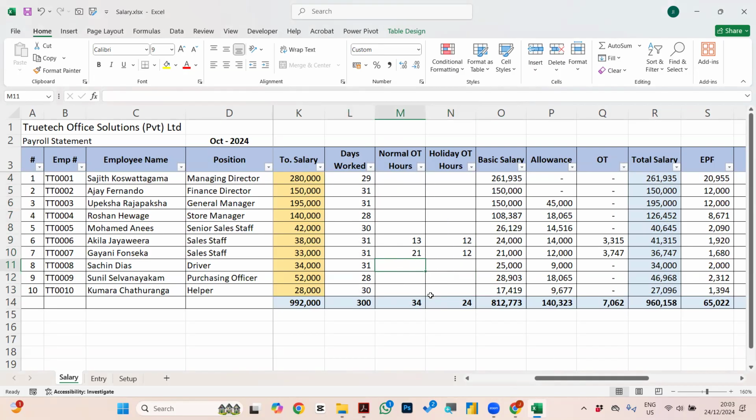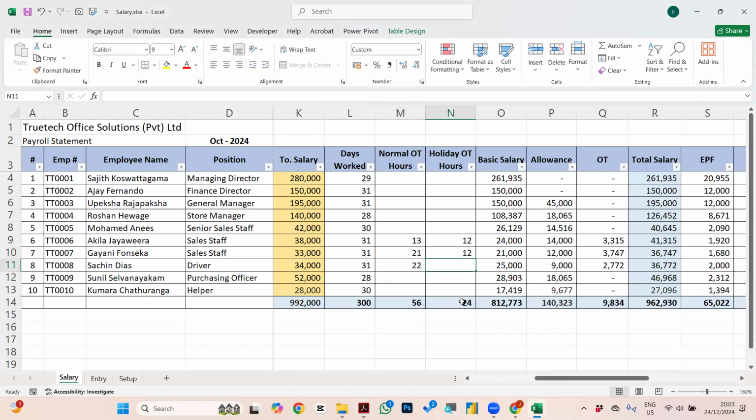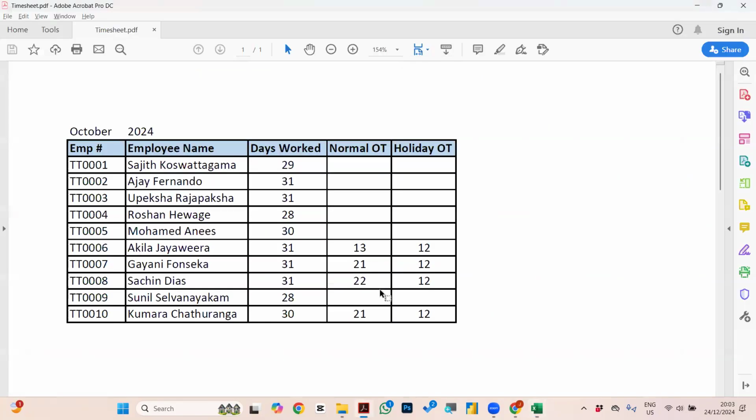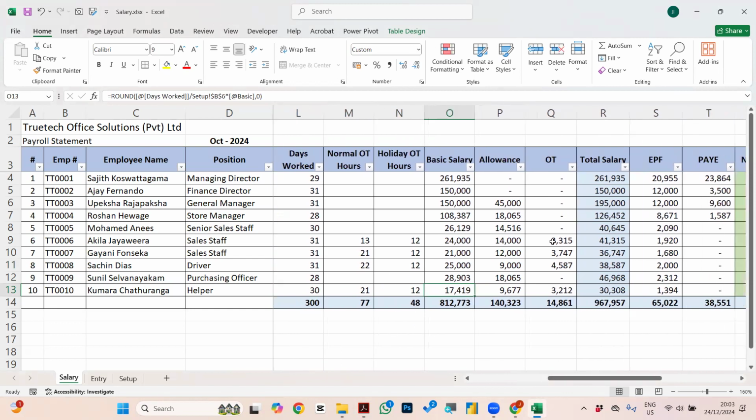Somebody will monitor and give you the report, and based on that you'll calculate the salary. Sachin, 22 and 12. Then finally, Kumara, 21 and 12. For some reason, everybody worked 12 hours on a holiday. Now, based on this, it calculates the OT payments.